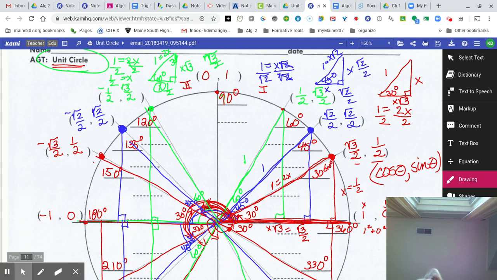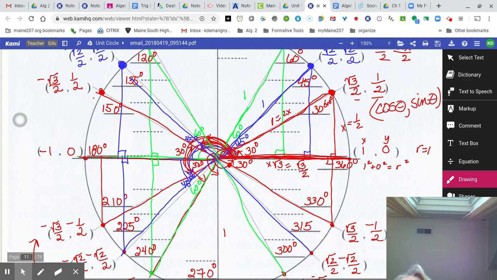Now, you may be asking yourself, well, what about the tangent? Okay, if you'll remember that this is your x-coordinate and your y-coordinate, so I've got a cosine and a sine, and do you remember how we found our tan of any angle? So our tangent had a specific ratio.